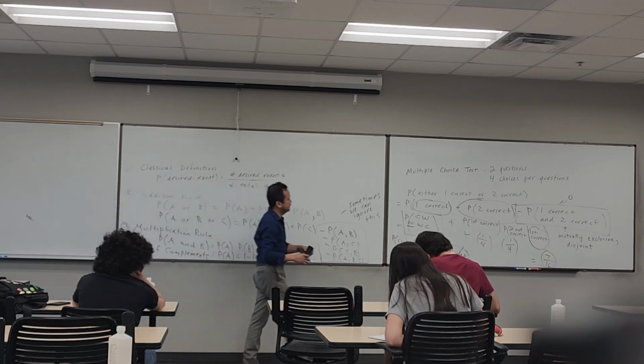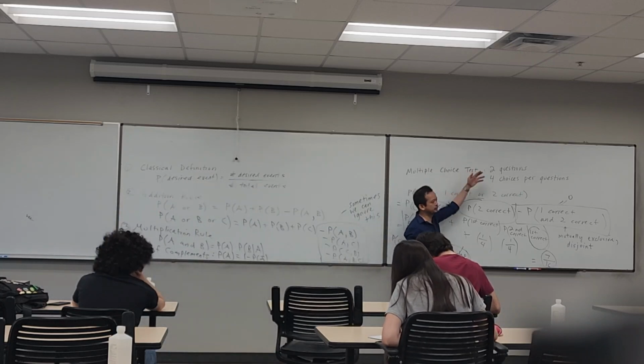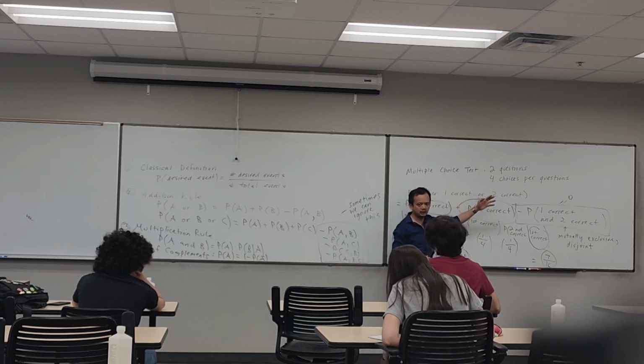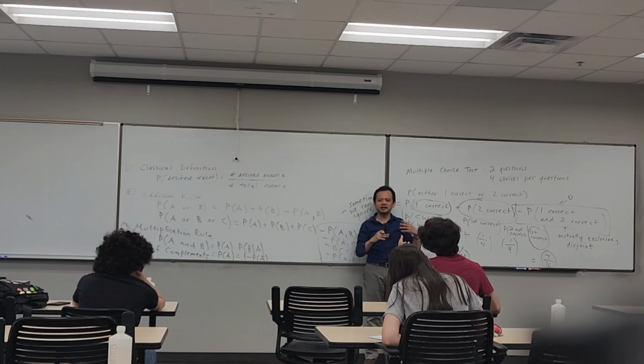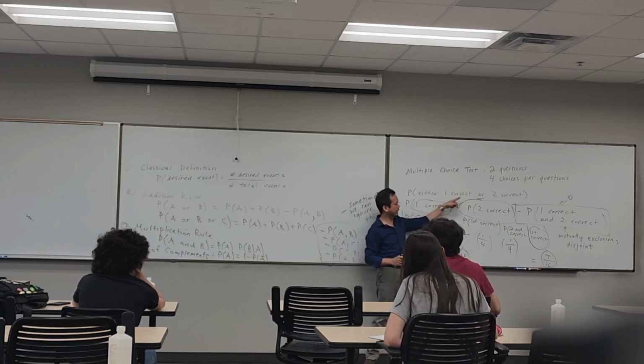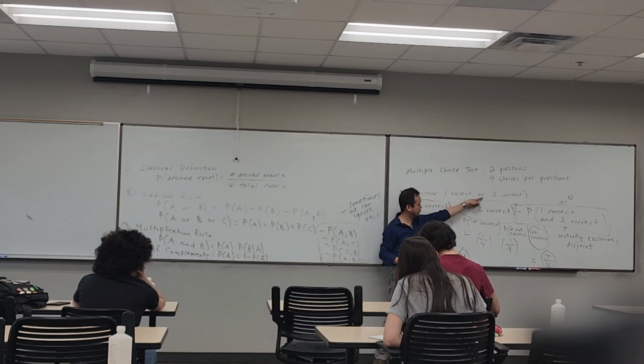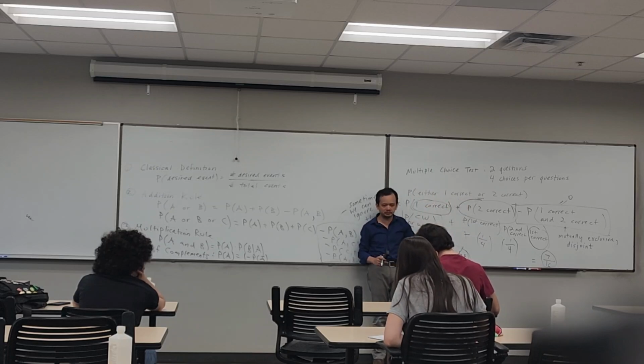So in this situation, if you had a test with 2 questions and you wanted to find the probability of either getting 1 or 2 correct, then what does its complement represent? What's left out of this? Yeah. Getting all of them wrong. Yeah, getting 0 correct, or getting them all wrong, is the situation that is left out of this probability you're trying to solve for, so that represents the complement.